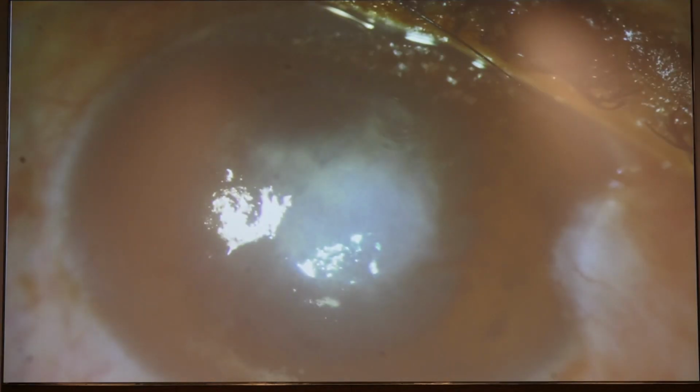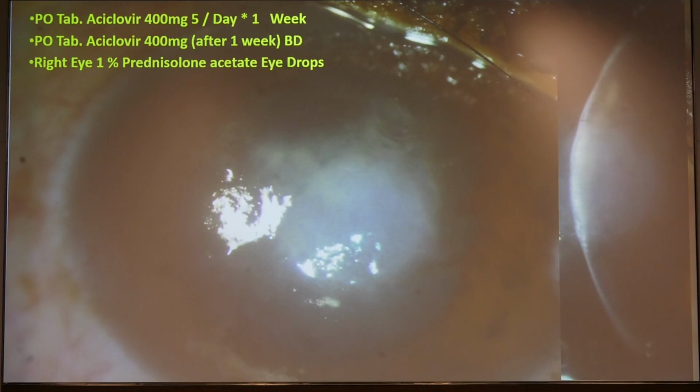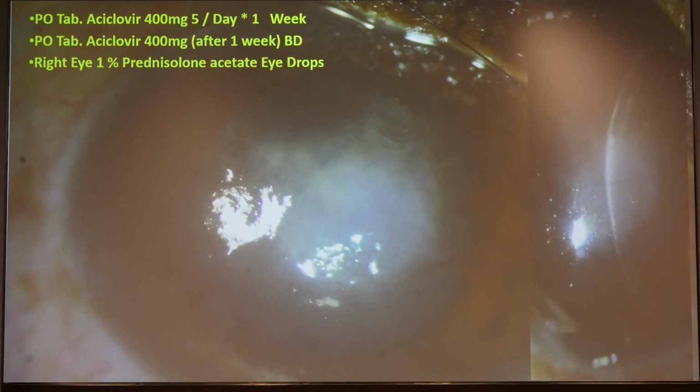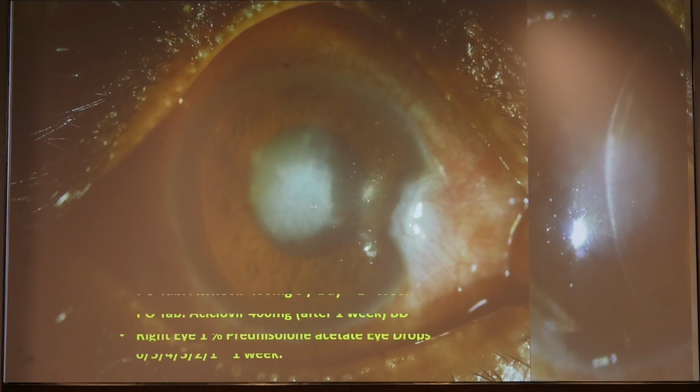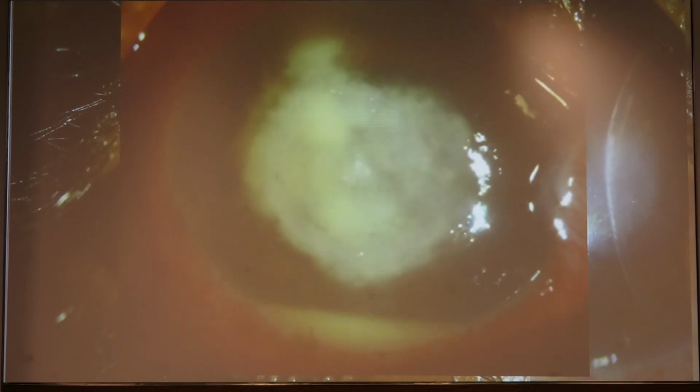At a similar time, 1 week later, another patient came looking like this, also negative microbiologically, so we again started oral acyclovir and steroid. This patient also responded nicely, but after 2 weeks came with worsening of the infiltrate, and it turned out to be fungus. The lesson learned is that we need to rule it out, but keep the patient under close follow-up.